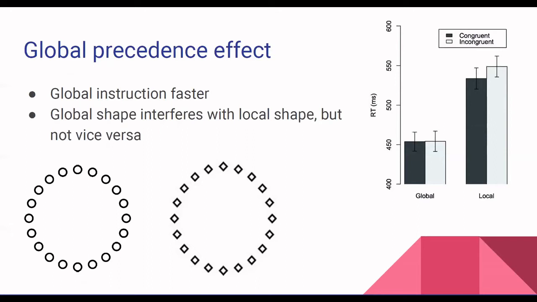If the global shape is the same as the local element, it brings an advantage to identification of the local elements, and therefore the identification becomes faster. However, if the global shape is different from the local one, such as in the incongruent condition, it slows down this identification. And this interference happens only for the global level interfering with the local level identification. The vice versa is not taking place, so this effect is called the global interference effect.